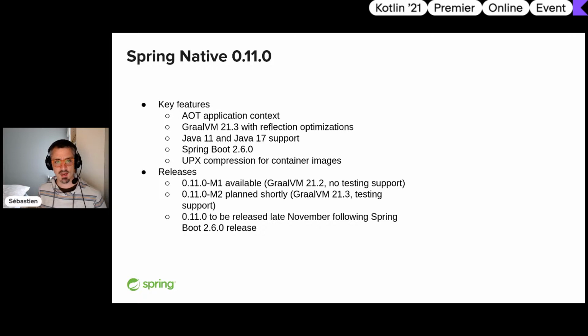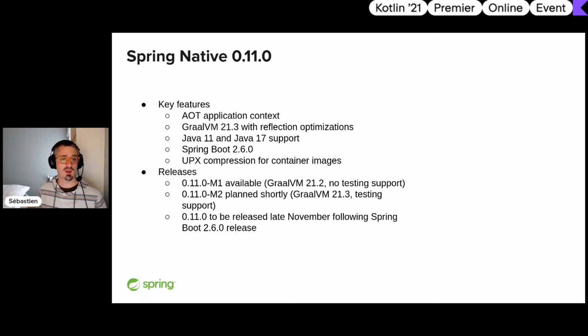Now on the open source side, the next release that we have been working on for many months, so that's our big focus, is this upcoming Spring Native .11 release. Key feature is ahead of time application context creation. So this is the big work that we are doing for many months. Leveraging GraalVM 21.3, which has been released a few days ago, and it provides some interesting reflection optimization.